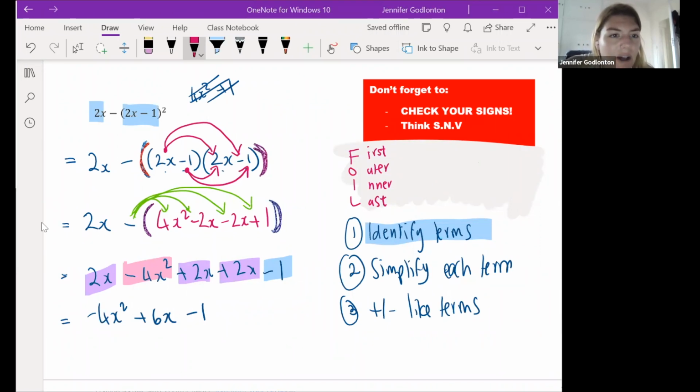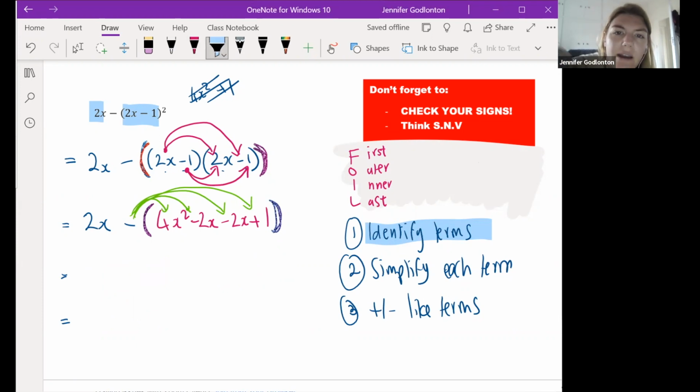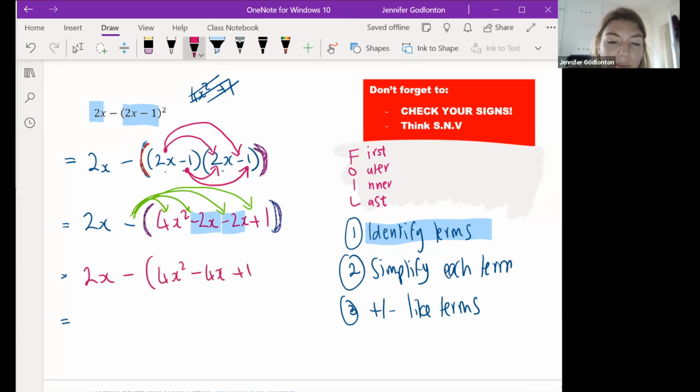Fatu, how can I help? Ma'am, how would it be if we simplified the 4x squared minus 2x plus 1 first before we distributed the negative sign? So what we would land up with in here is we'd add those two like terms. So we would have 2x minus bracket 4x squared minus 4x plus 1. And then we would do our distribution.